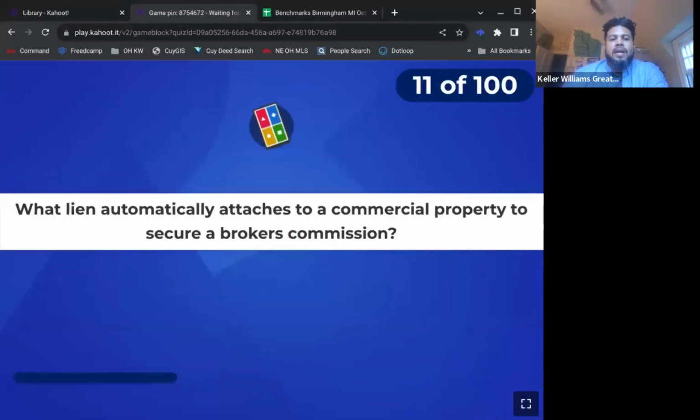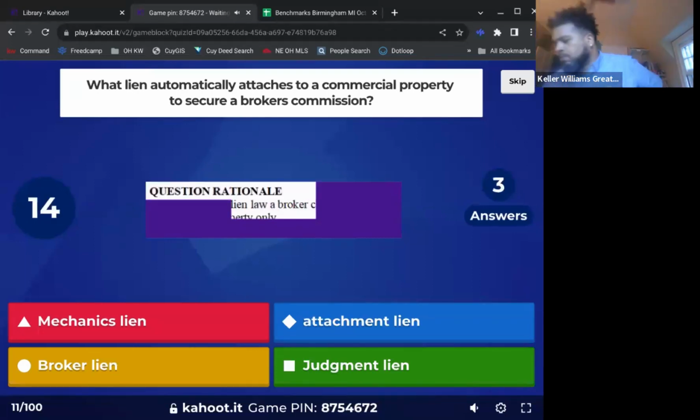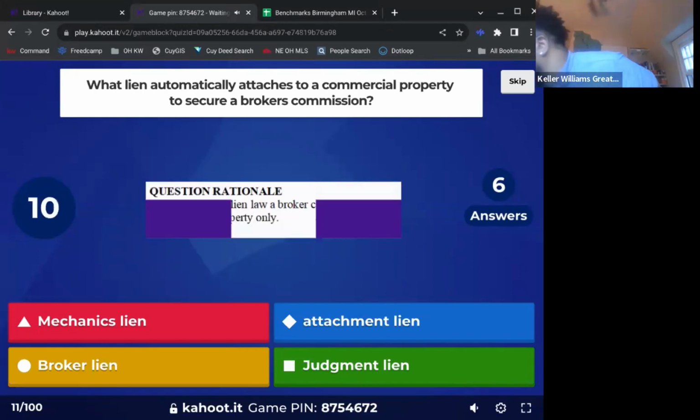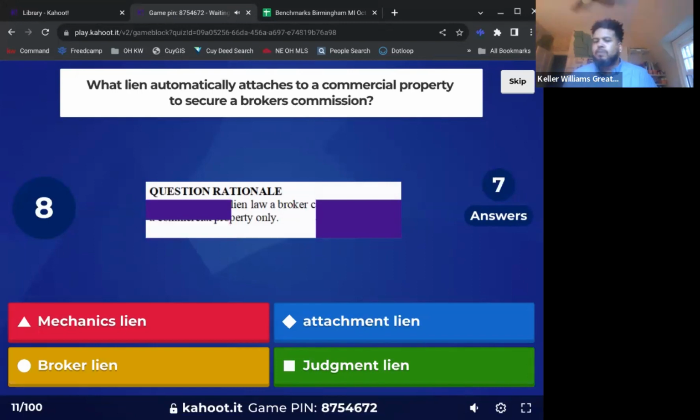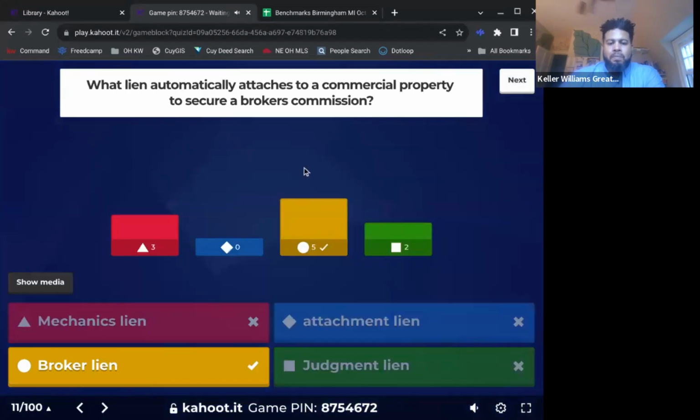What lien automatically attaches to a commercial property to secure a broker's commission? All right, broker's lien.